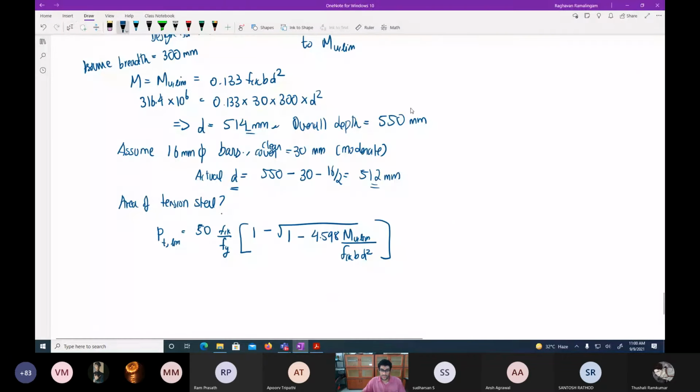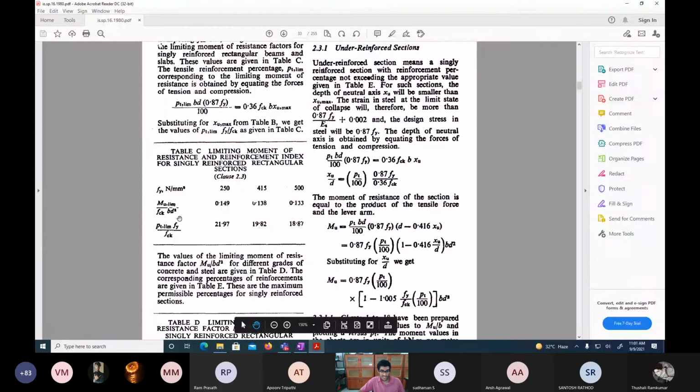I have a formula here for Mu limit. You can just substitute this 0.133 fck b d square into the Mu limit equation. Once you do that, you will get this. So those who are wondering how this came, that is how it comes.